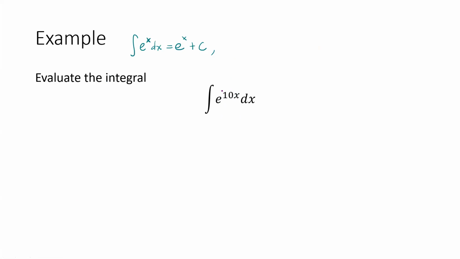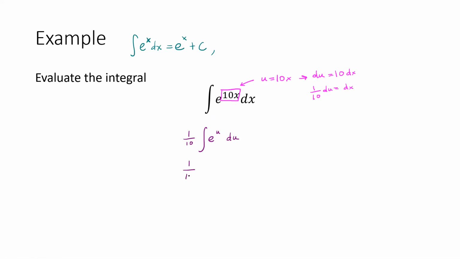And if we substitute, let u equal to 10x, and of course we get du is 10 dx. So we get 1 over 10 du is equal to dx. So doing this substitution here, we get the integral of 1 over 10 e to the u du.